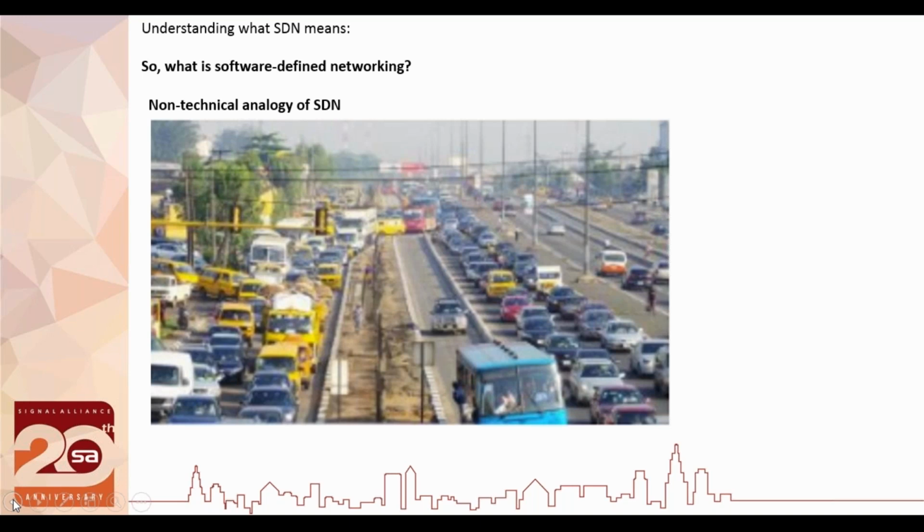Those different things, the cars, the buses, the lorries, the tankers, all represent different things in the network. So the road is analogous to the network, and the vehicles plying those roads are analogous to the data streams that pass over the network that you are provided.